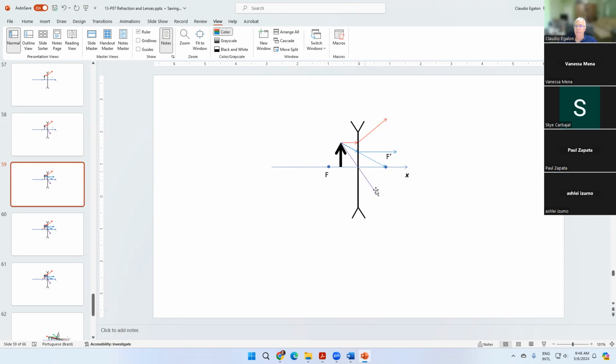On the right side, we have just light rays that are diverging from each other. In order to find the position of the image, we have to extend those light rays to the left. The red light ray will be extended backwards. This light ray doesn't refract at all, and then this one also needs to be extended backwards, like that.